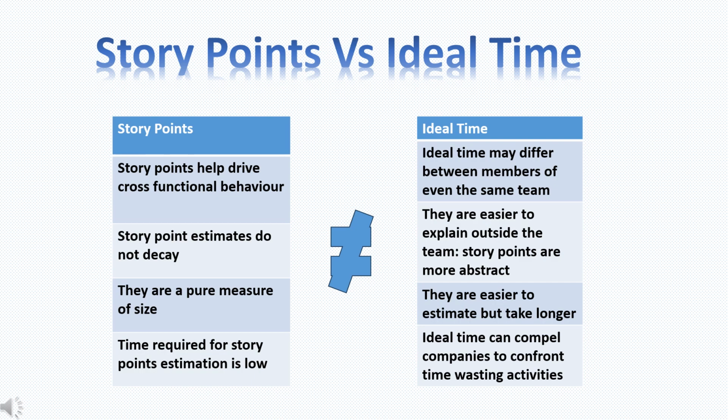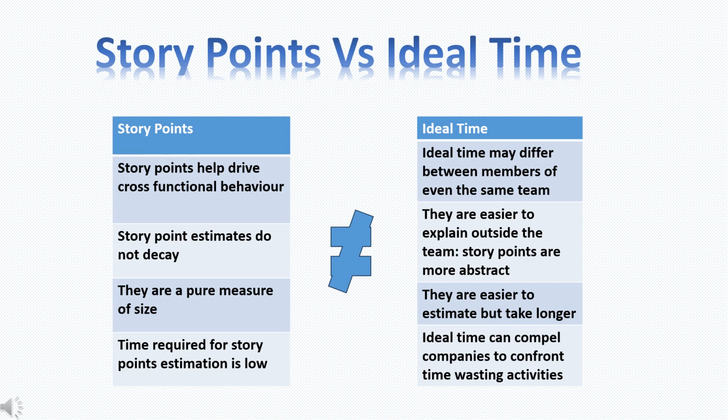When we are doing story points, for example, it helps drive cross-functional behavior, the estimations do not decay, they are a pure measure of size, and the time required to do the estimating is very short.